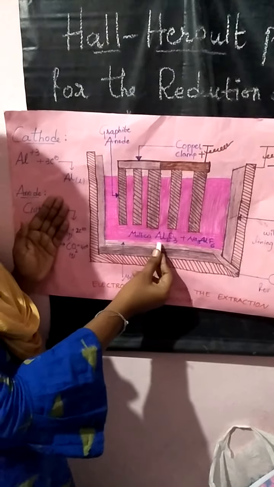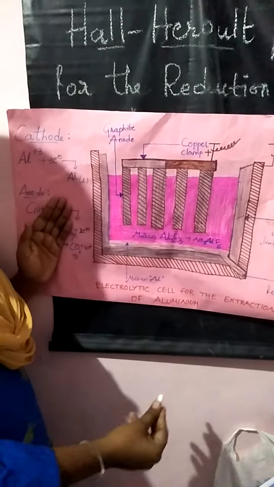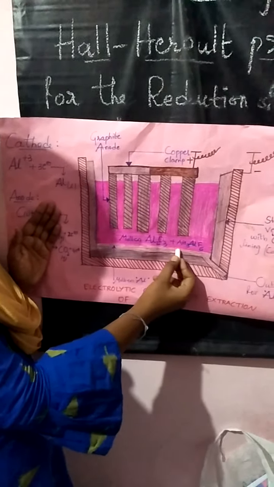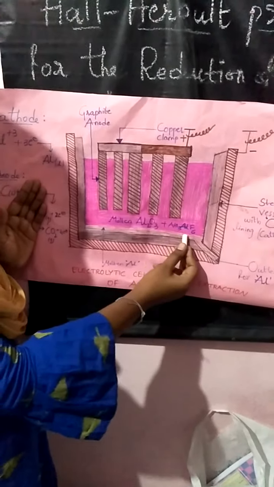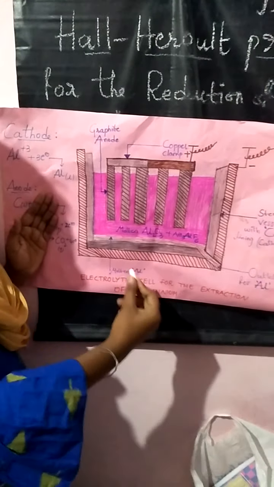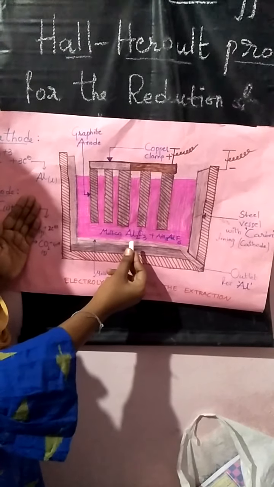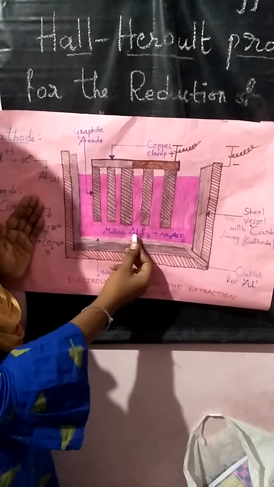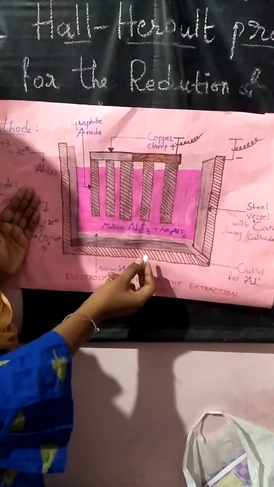In order to lower the melting point of alumina, we are adding cryolite or fluorspar, and make it into the molten state, that is the liquid form. When it is in the molten state, the electrolysis process starts.